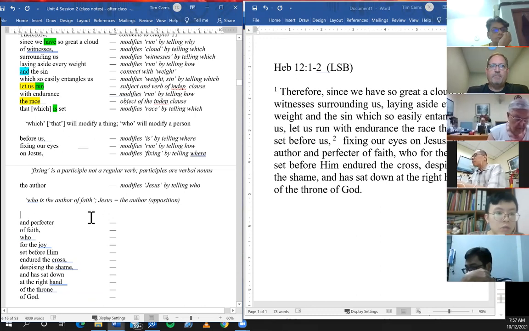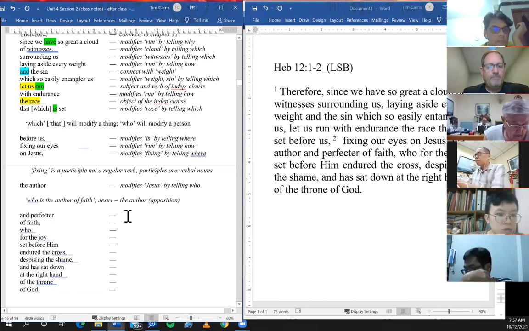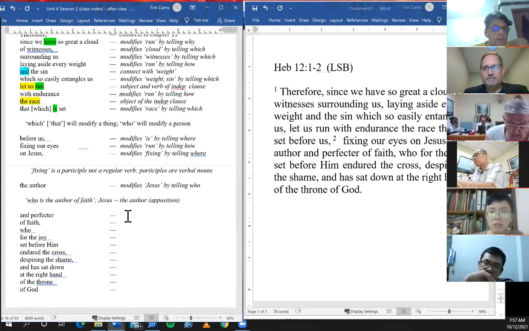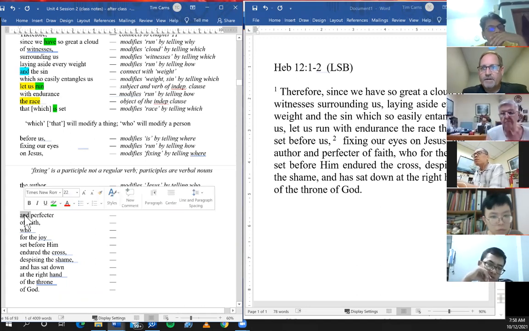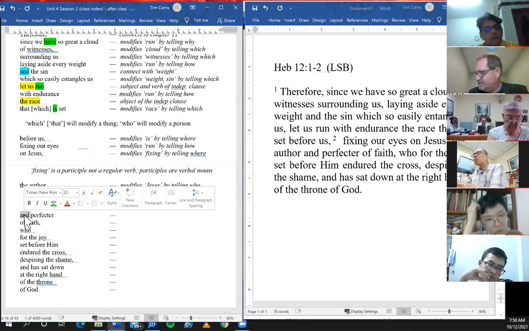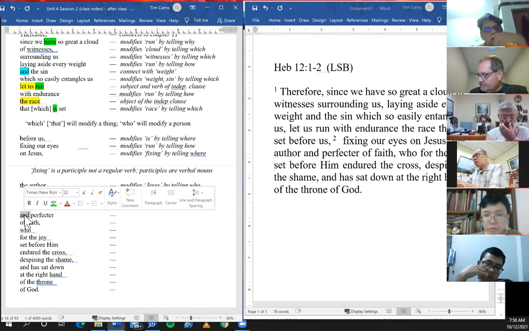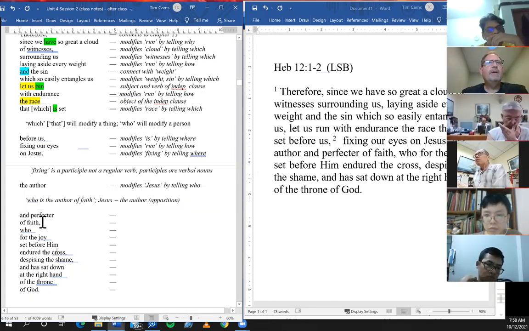All right, how about perfecter? Where does that go? I may be wrong, but the word perfecter of faith, I think the two of these words are referring to the author, who is Jesus. Yeah, notice basically, yeah. I'm sorry, go ahead. I didn't mean to cut you off. No, I think it is describing Jesus, so I think it should be there. Yes.